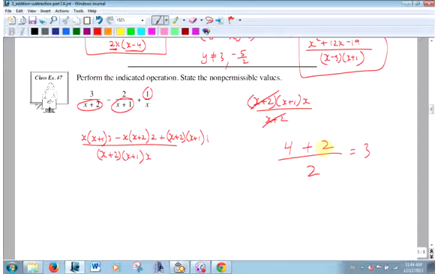I can only cancel this if it goes in both things. I can't cancel x plus 1 here because it's not here. I can't cancel x plus 2 here and here because it's not here. All these pluses and minuses, they have to have the same term in them, or you can't do it. Can't do that.